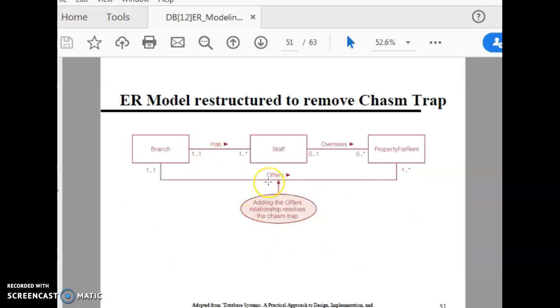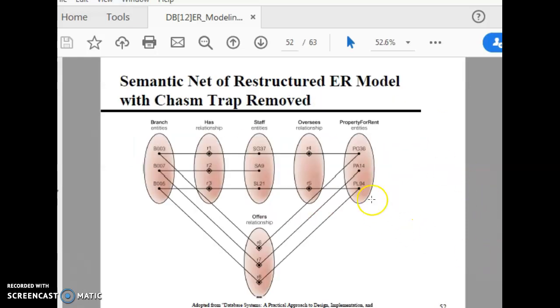So, offers is a relationship added in between branch and property for rent to solve the chasm trap problem. Now, a path exists for properties that are not yet allocated to a member of staff.